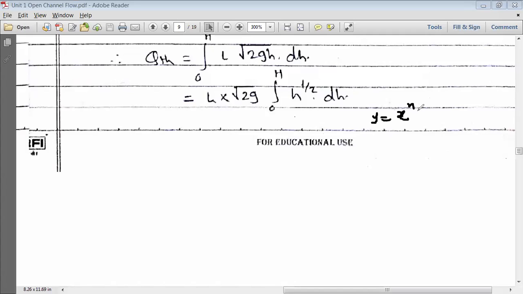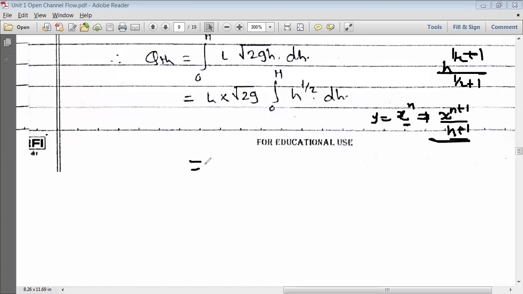The integration of x raised to n is x raised to n plus 1 divided by n plus 1. Now here the power of h is 1/2, so 1/2 plus 1 divided by 1/2 plus 1 is what we have to do. So 1/2 plus 1 is equal to 3/2.